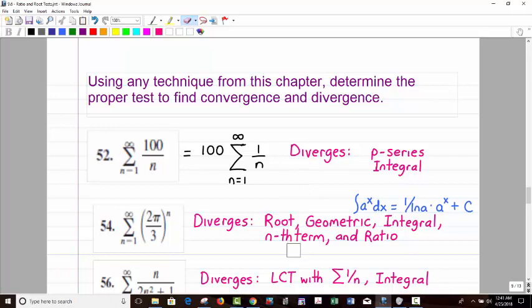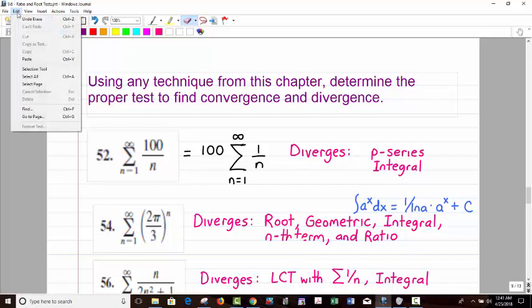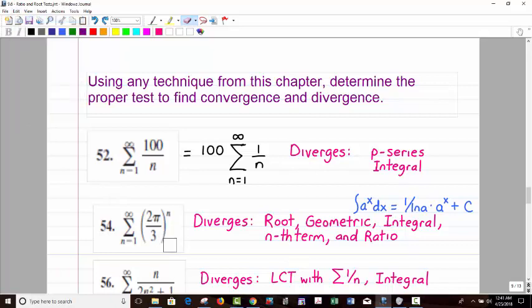Because it's diverging geometric, that also means it's diverging by the nth term test. But the key thing here is that you've got 2 times pi divided by 3, which is not between -1 and 1. You have to be between -1 and 1, not including -1 and 1, for the geometric to converge. This does not. It diverges. And in root test, you remove the n, it will diverge, because 2 pi over 3 is greater than 1. It diverges by all 5 of those methods.